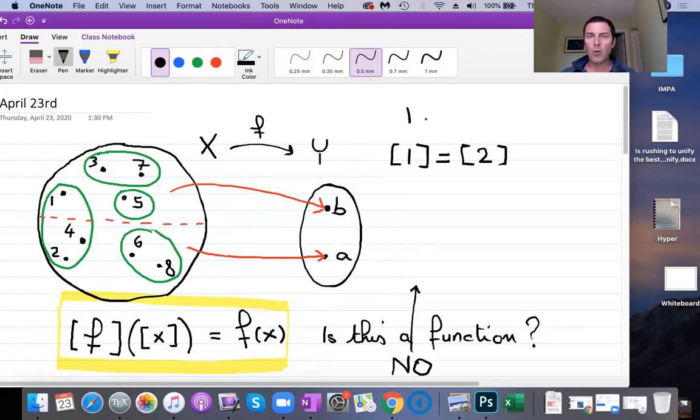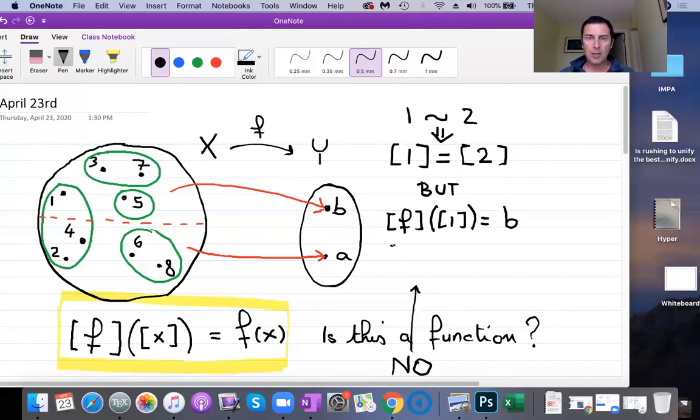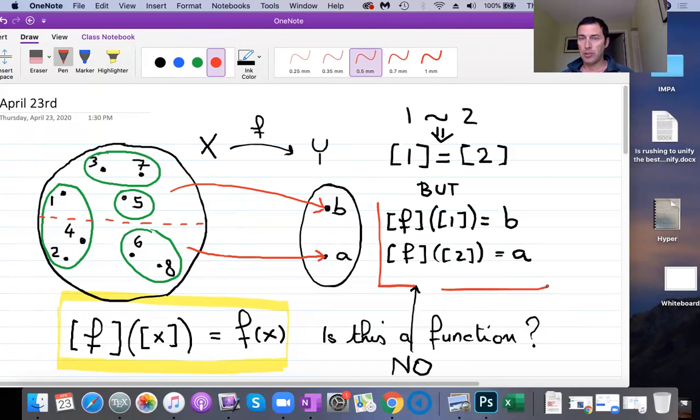So 1 is equivalent to 2, which implies that the equivalence class of 1 is equal to the equivalence class of 2, but square bracket f of square bracket 1 by this prescription is b, and square bracket f of square bracket 2 by this prescription is a. So this rule assigns two different outputs to the same input.